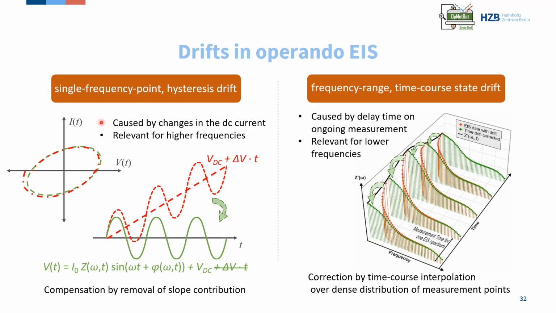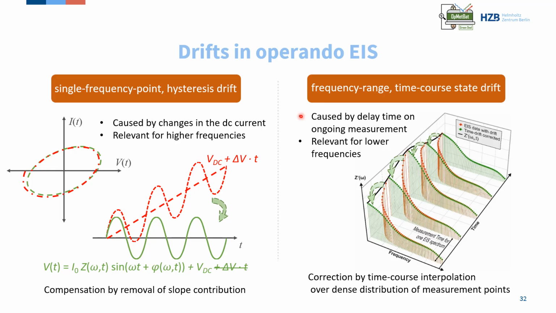This happens because the DC contribution of the electrical sinusoidal signals is changing under operating conditions, like charge or discharge. To correct this, the signal is fitted as a sinusoidal function, and then the slope contribution of that fitting function is removed.